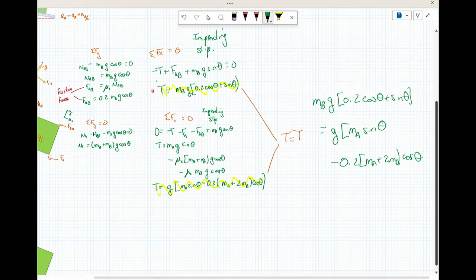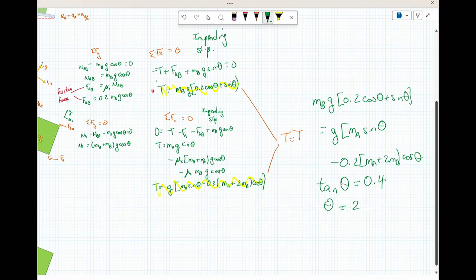Okay, putting all that in, I'm going to end up with tan theta equals 0.4, and theta equals 21.8 degrees. So one important step as you're dealing with slip, no slip problems is you always start out with the assumption of no slip.